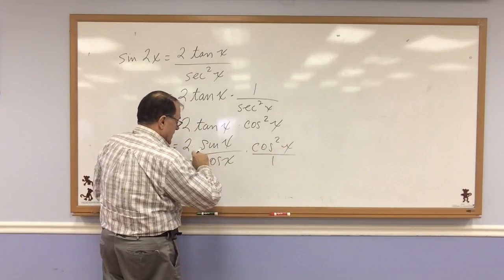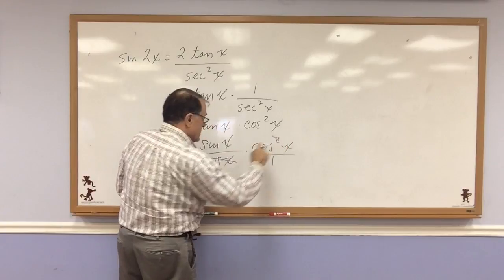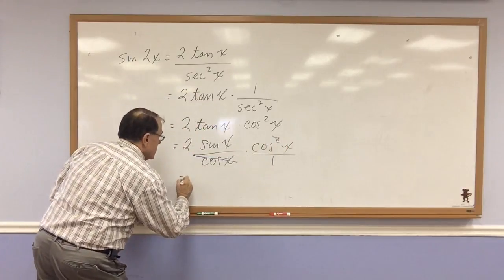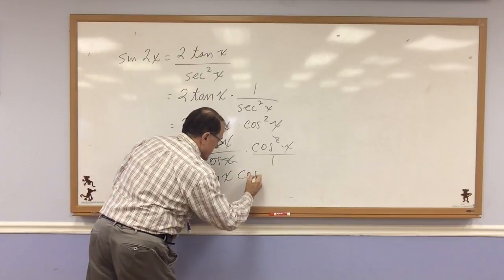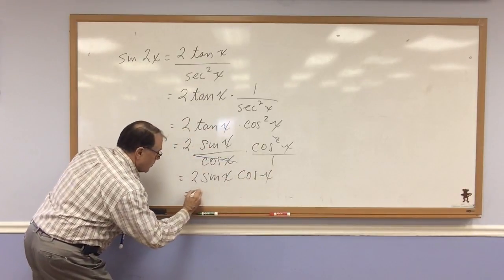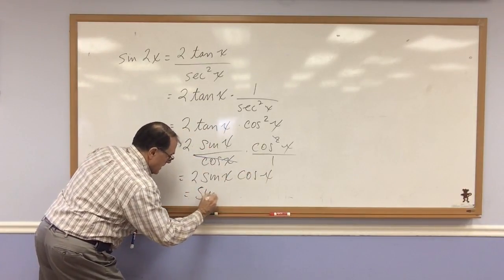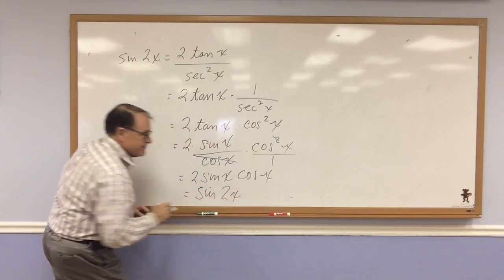So this cosine x factors out one of these, and I'm left with 2 sine x times cosine x, which is what I wanted, which is the sine of 2x.